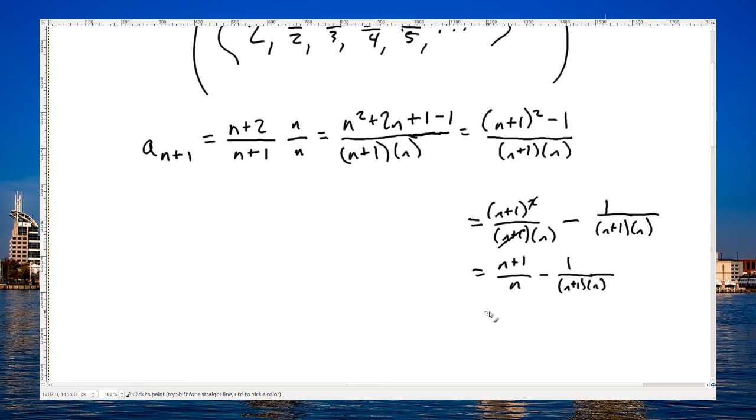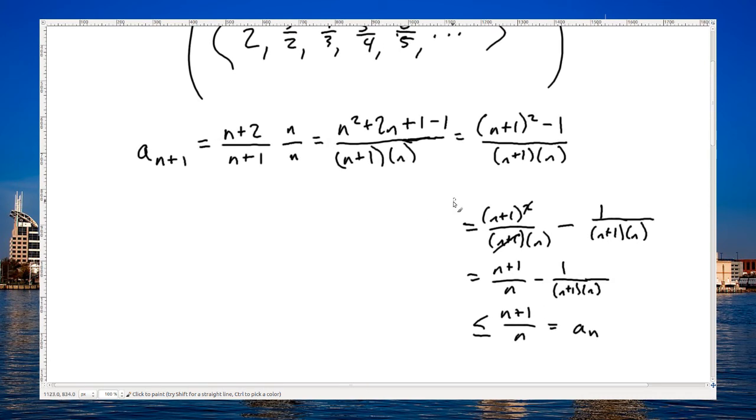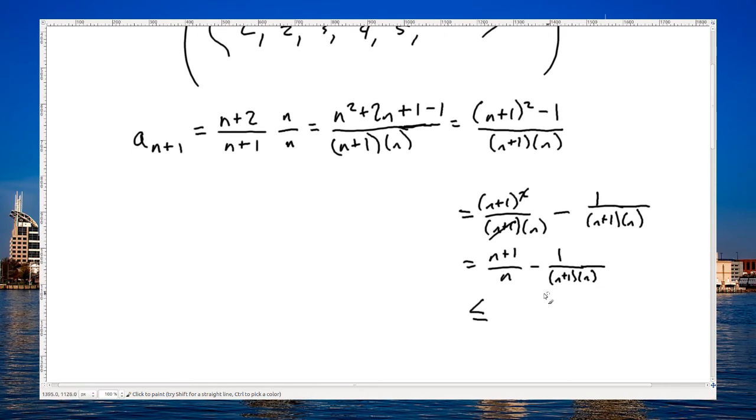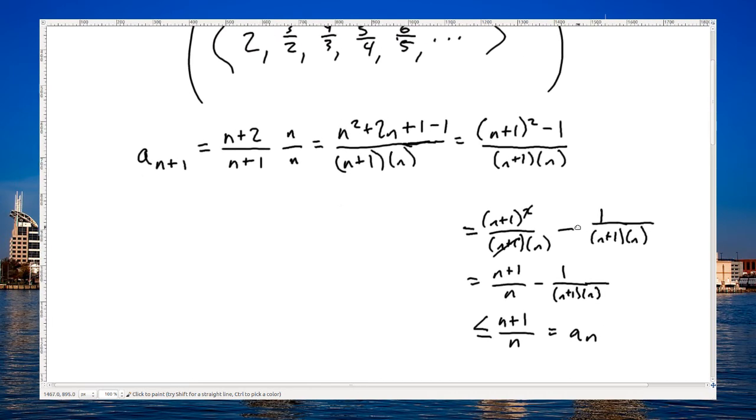So I would make it bigger if I were to get rid of it altogether. I'm sorry, that would make it bigger if I got rid of it. And that's aₙ.